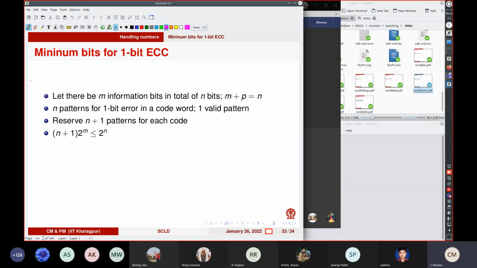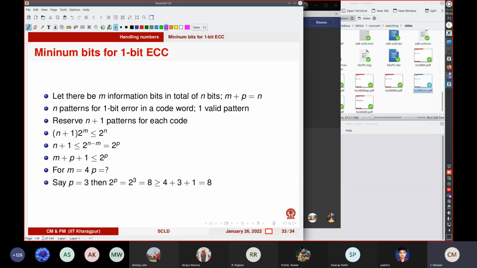So you have this equation, all right. And now you just have to solve this equation. If you solve this equation, this is what you get: m plus p plus 1 must be less than or equal to 2 to the power p. So what you can see is that if you take m as 4, that's what we had for the Hamming code, and you choose p as 3, then it works out properly. All right.